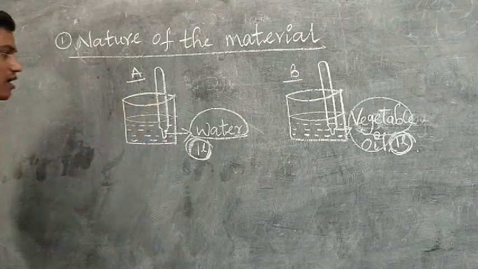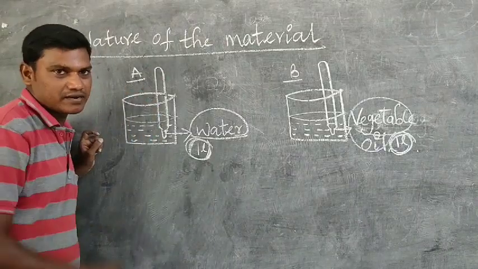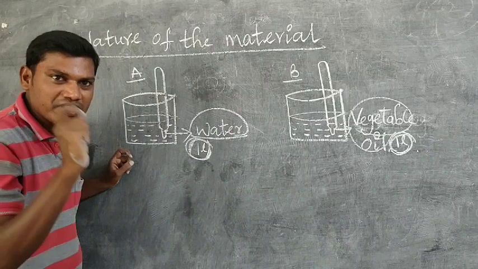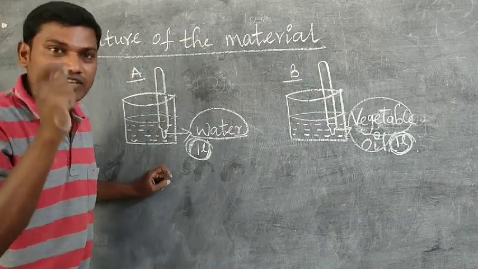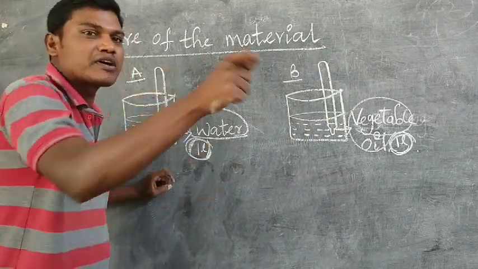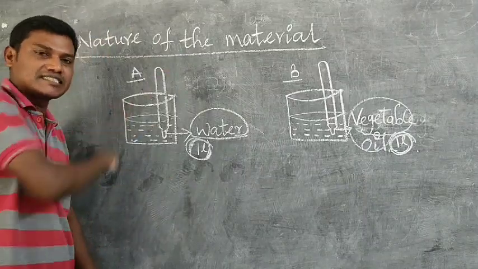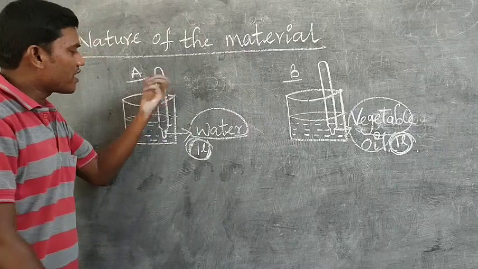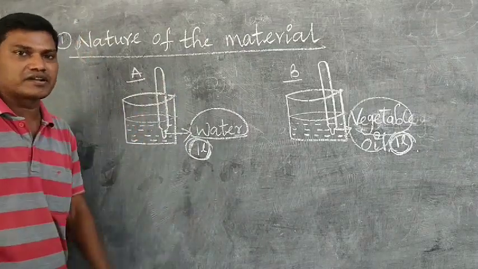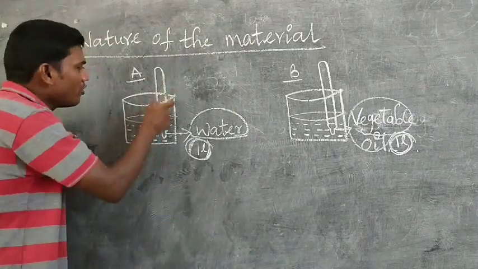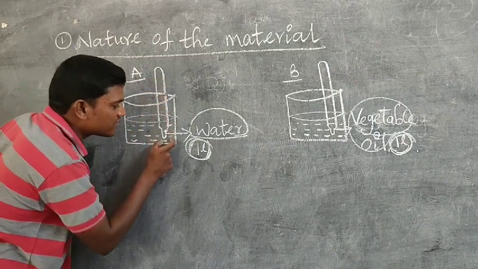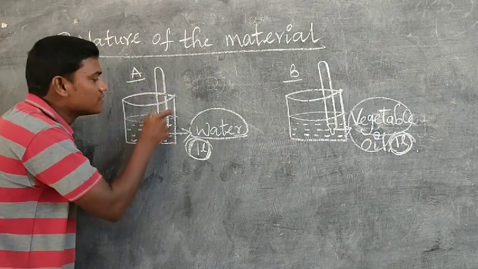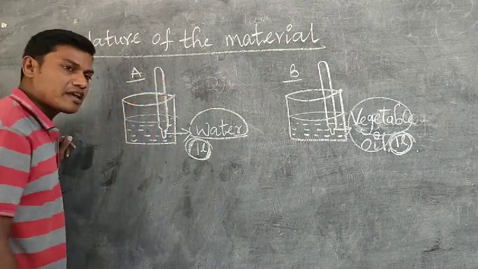Now we take a thermometer. Already we know that a thermometer is a device used to measure the temperature of a body in degrees, either Kelvin, Fahrenheit or Celsius. Here we are taking a Celsius thermometer. The thermometer is placed in a vessel and its initial temperature is noted.